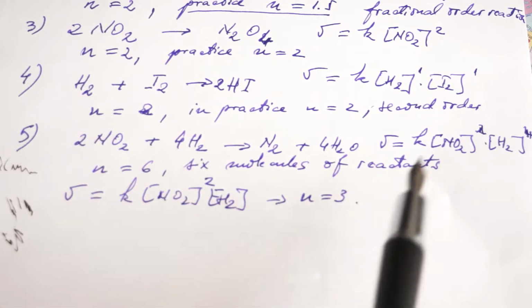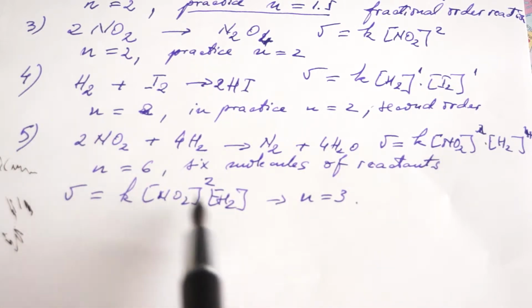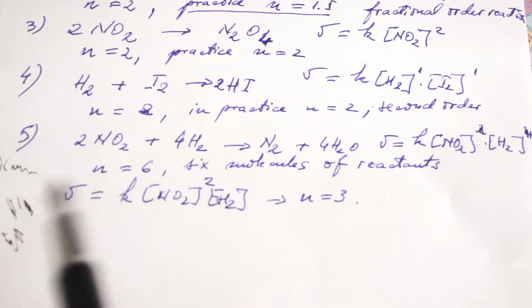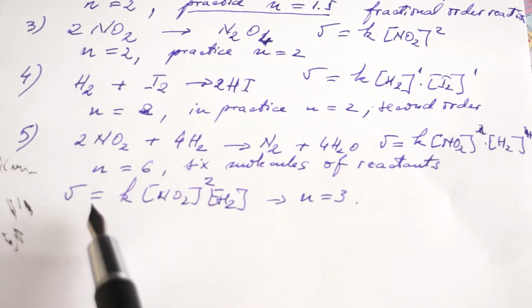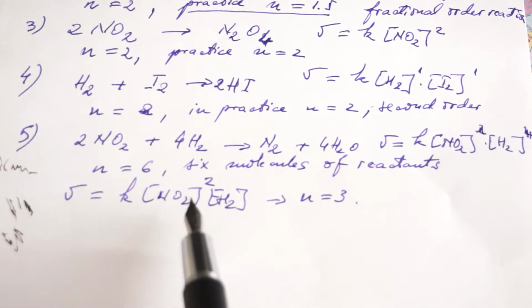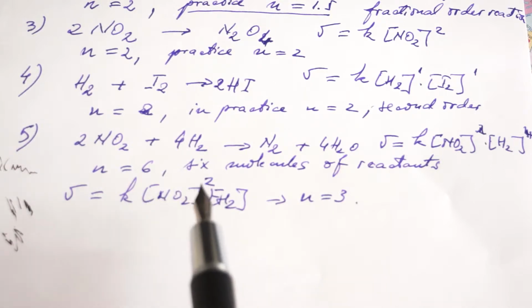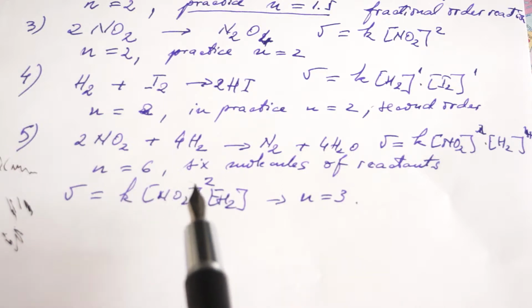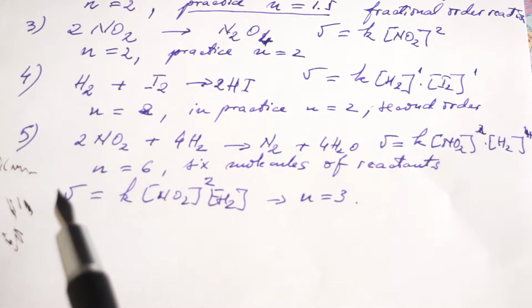So what we determined theoretically turns out in practice to be completely different, and usually the order of reaction is given by the slowest step. That's also referred to as the limiting reaction step.